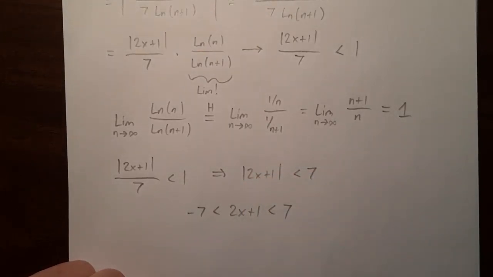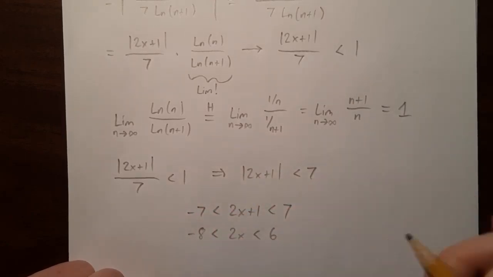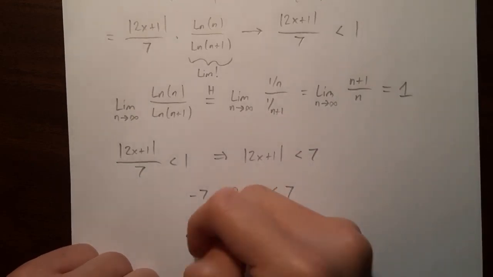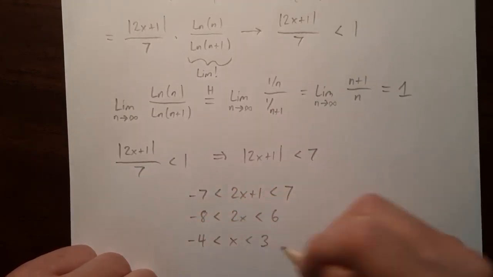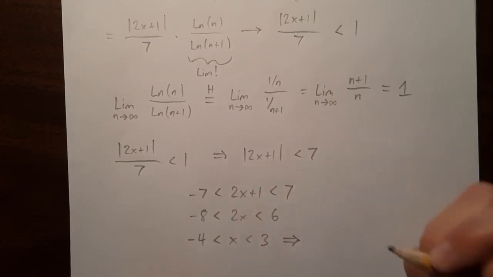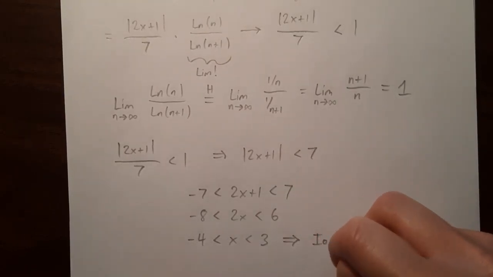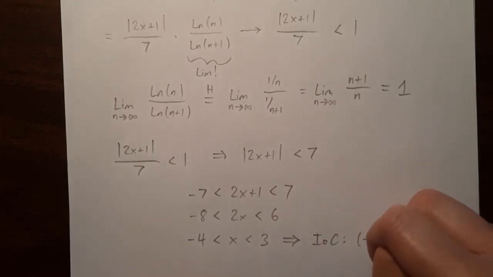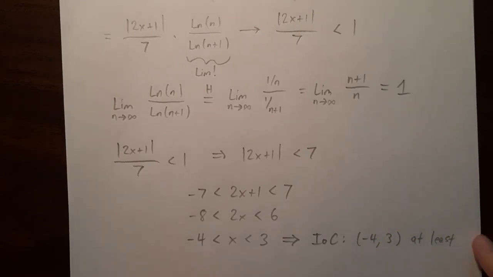Okay, and then subtract 1 from all sides, and divide by 2 on all sides. All right, there we go. So evidently, our minimum interval of convergence has got to be the open interval from -4 to 3 at least. Again, we still have to check the endpoints.